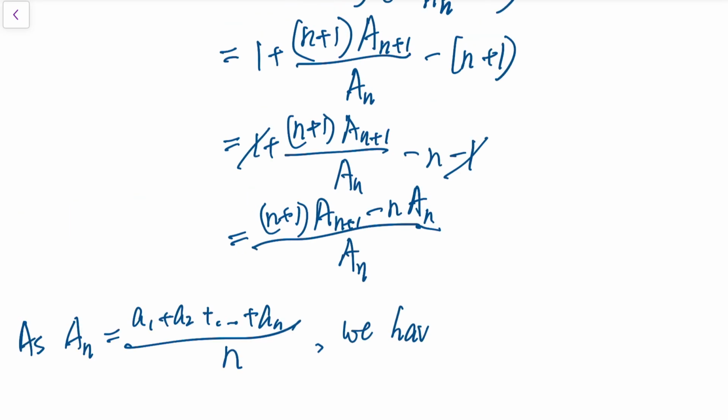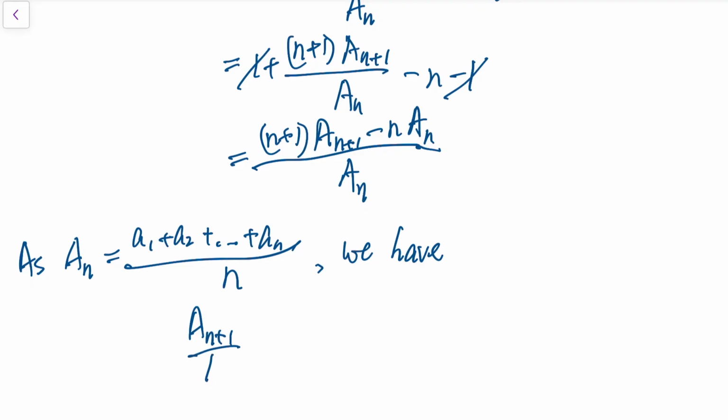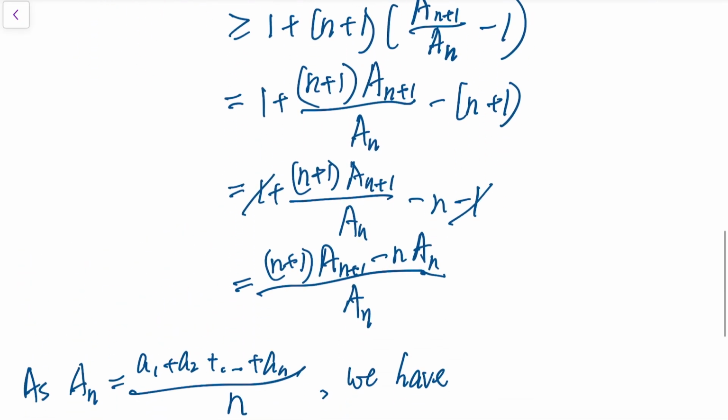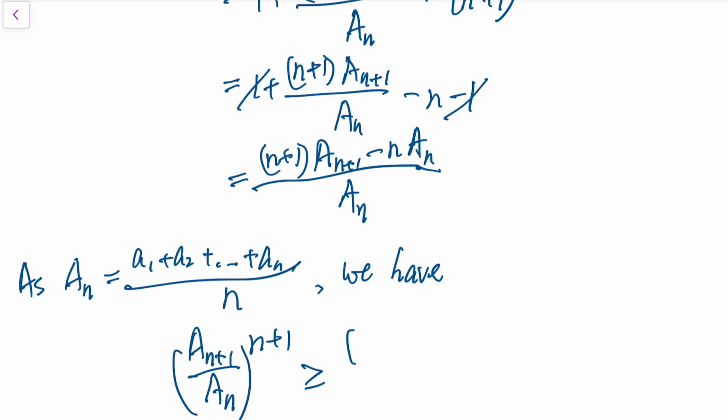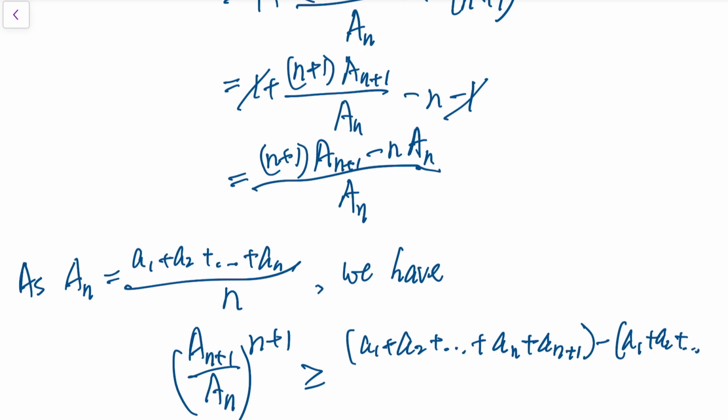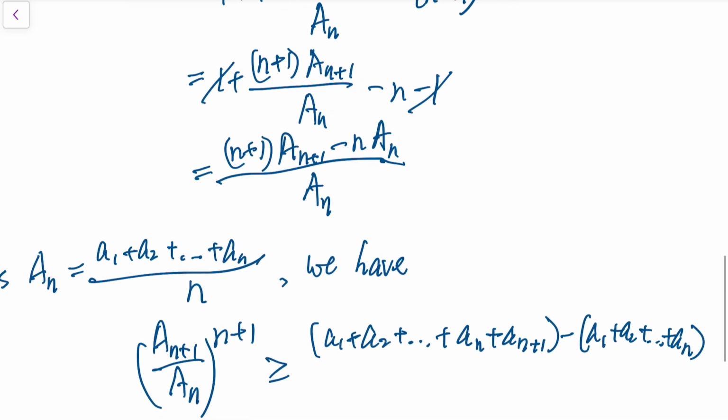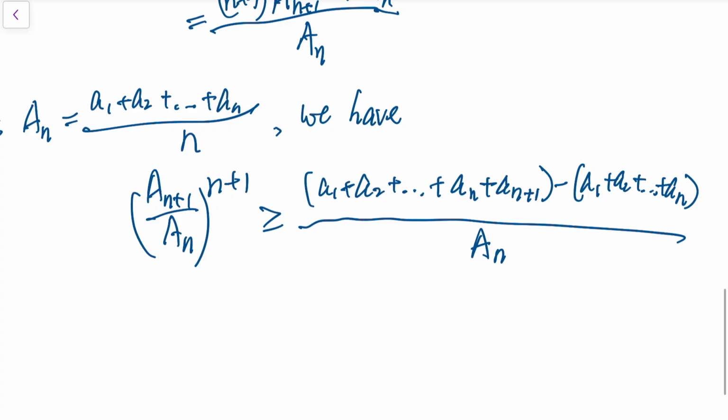We have (n+1) An+1 minus n An is greater than or equal to (a1 + a2 + ... + an + an+1) minus (a1 + a2 + ... + an), divided by An, and this is equal to an+1 over capital An.